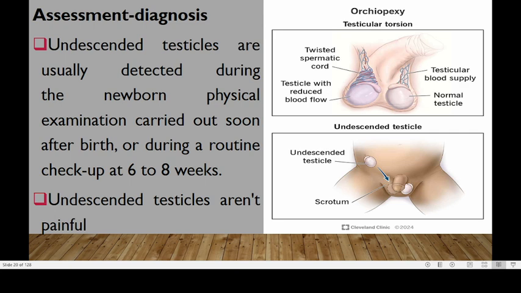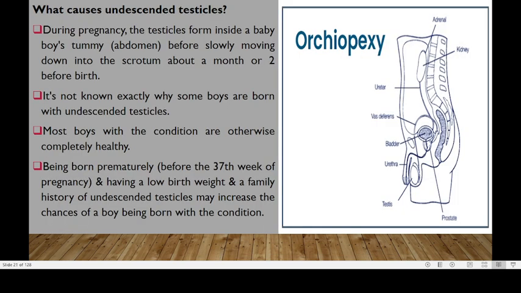Undescended testicles are usually detected during the newborn physical examination carried out soon after birth, or just during a routine checkup at the 6th or the 8th week. Remember, in Kenya, at 6 weeks, you are receiving the first dosages. Undescended testicles aren't painful, so you don't expect the child to be crying, right?